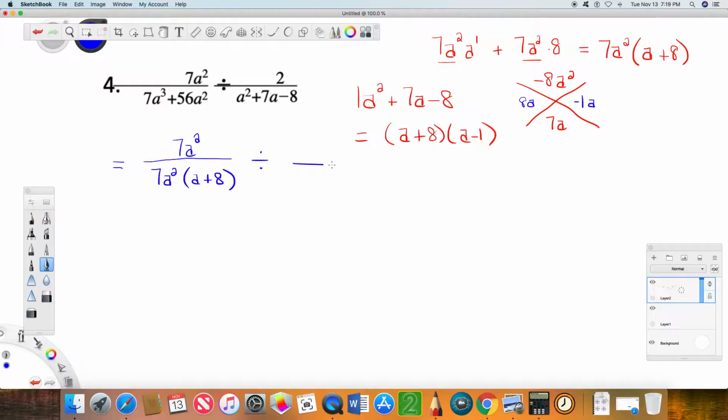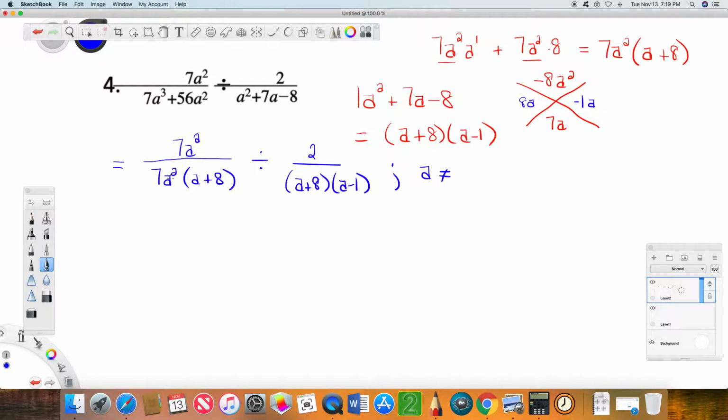I'm dividing by my second fraction here. My denominator was a trinomial, and I used the X method and factored it to a plus 8 times a minus 1. So I'm ready now to look at both of these denominators in factored form and recognize what some of my restrictions are going to be.